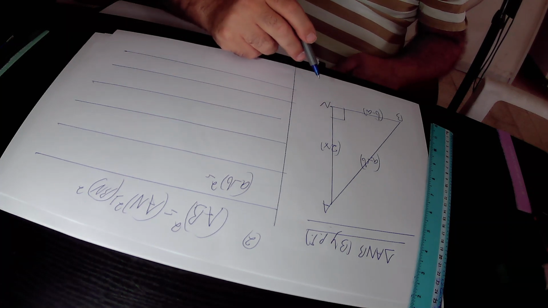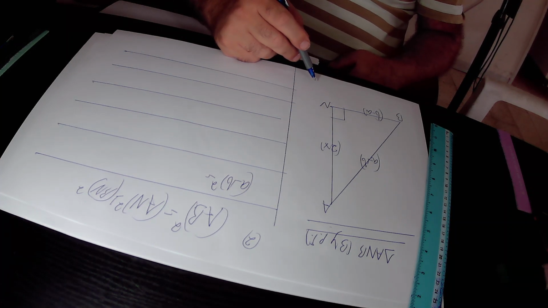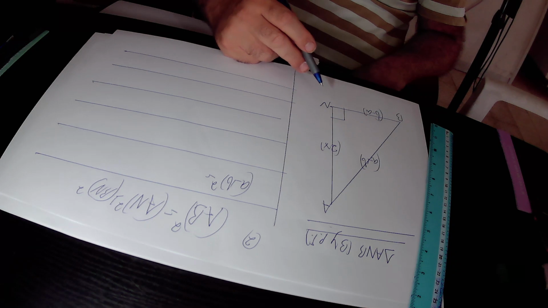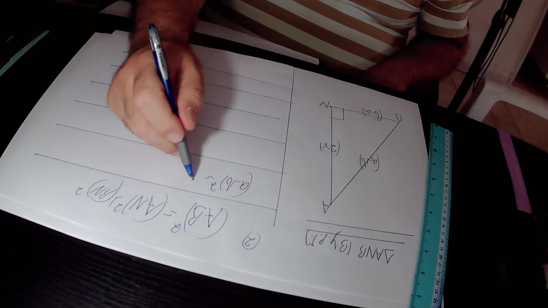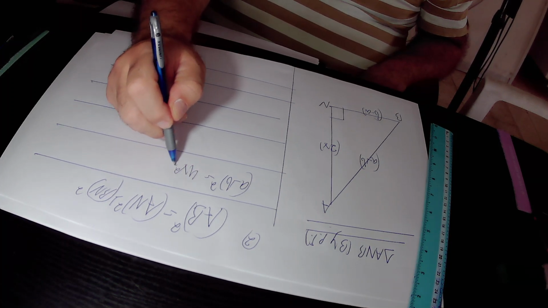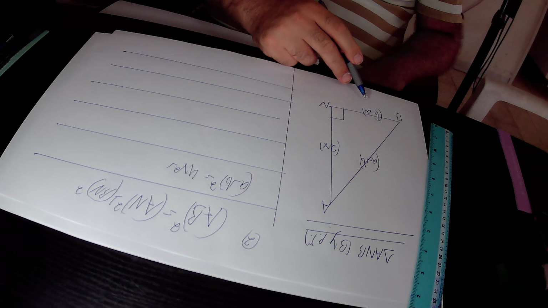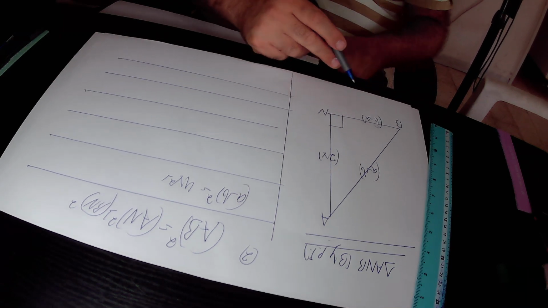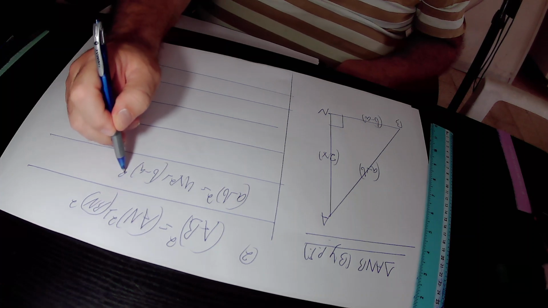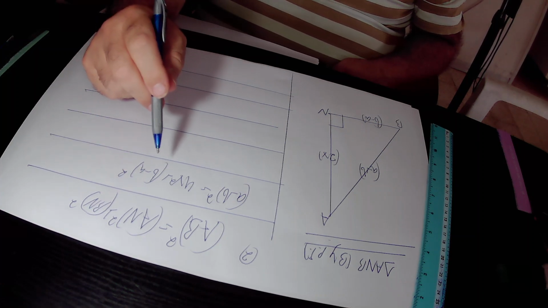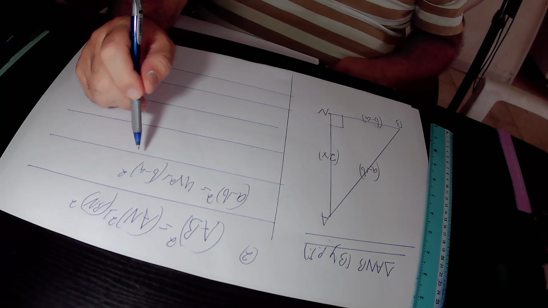AN is 2x, therefore AN squared is (2x) squared, that is 2 squared times x squared, so 4x squared, plus BN squared. BN is b minus a, therefore BN squared is (b minus a) squared. So according to the Pythagoras theorem, (a plus b) squared equals 4x squared plus (b minus a) squared.